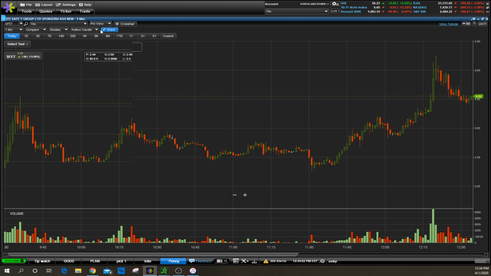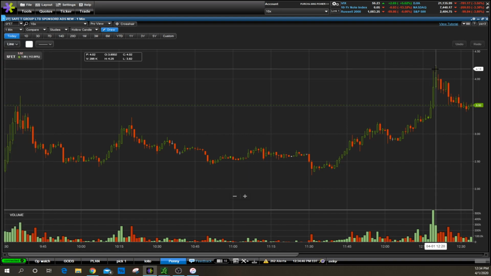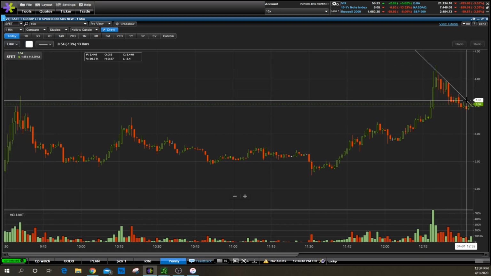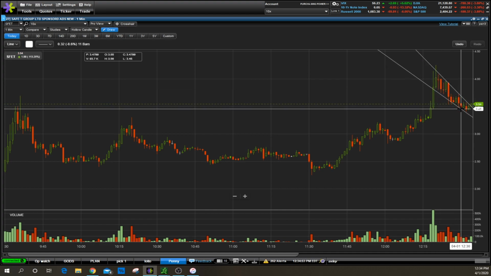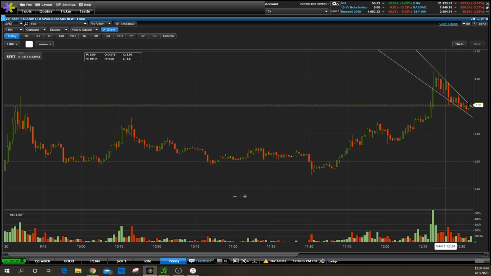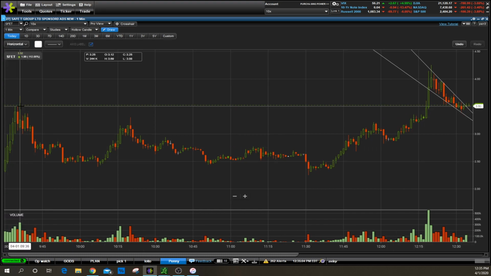This could be a bull flag. We do a line. That's not really the flag. It would be more across, but it's a downward channel. See if we can break out of that. But you have a horizontal support here.